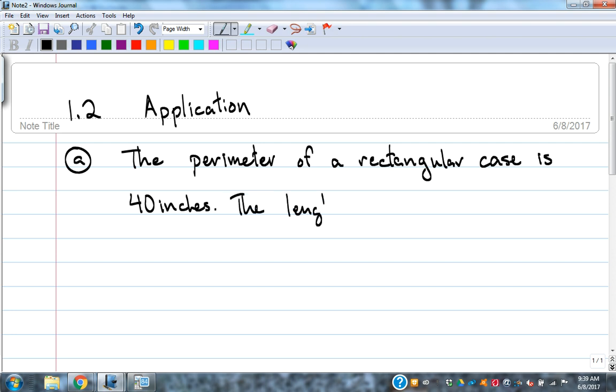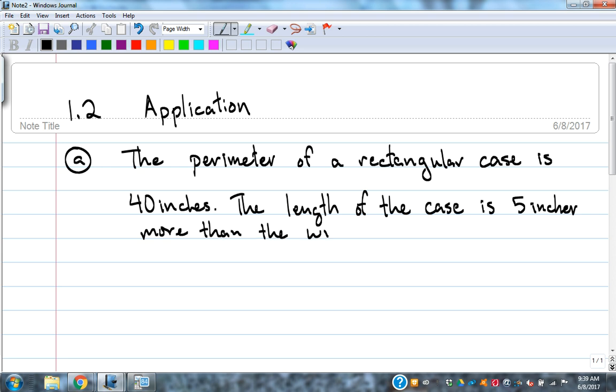The length of the case is 5 inches more than the width. Our job is to find the length and width of the case.